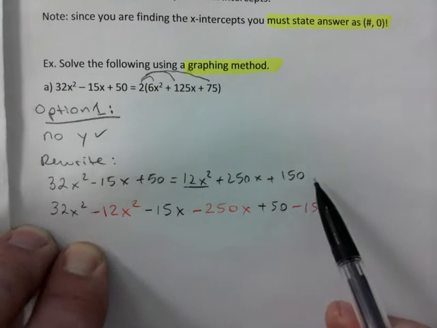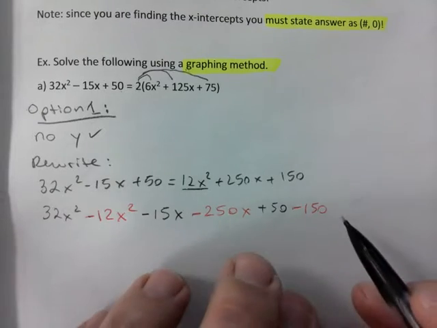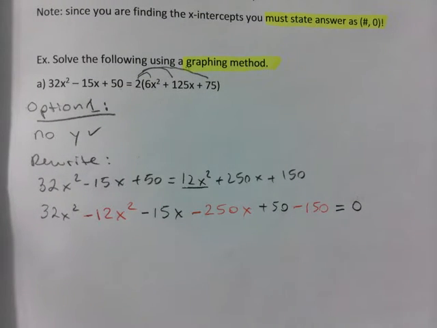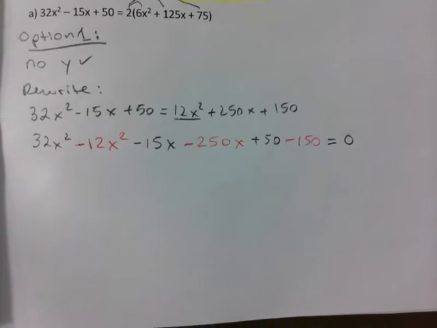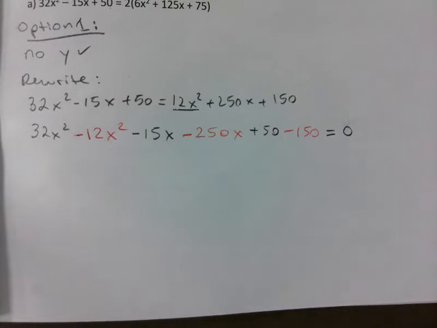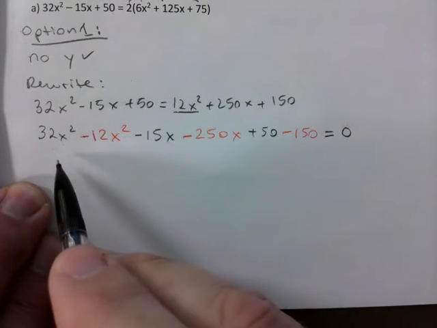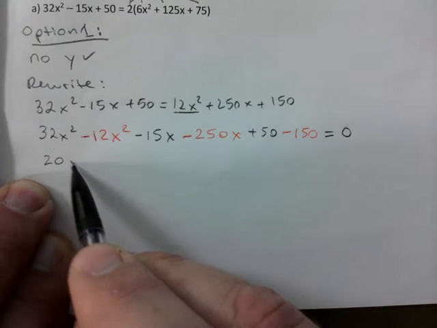And once you've brought everything over to the other side, then you have everything equal to 0. And that's what you want. And it doesn't matter if you want to take everything over to the right side, it's fine. Your signs will all be different, but your ultimate answer will be the same as mine. 32x squared minus 12x squared, I can do that. That's 20x squared.